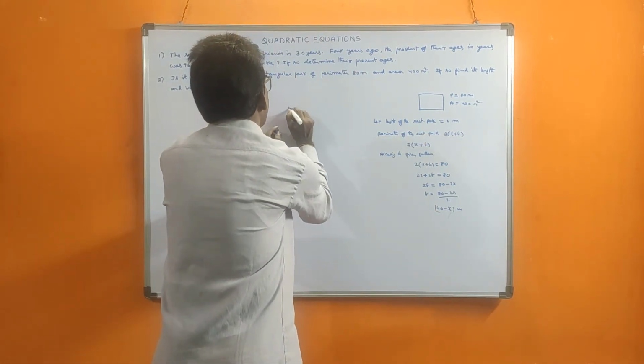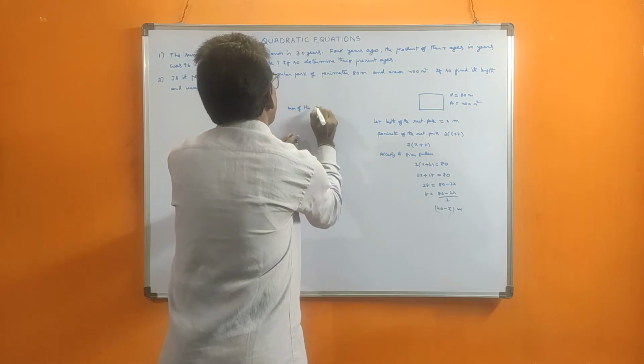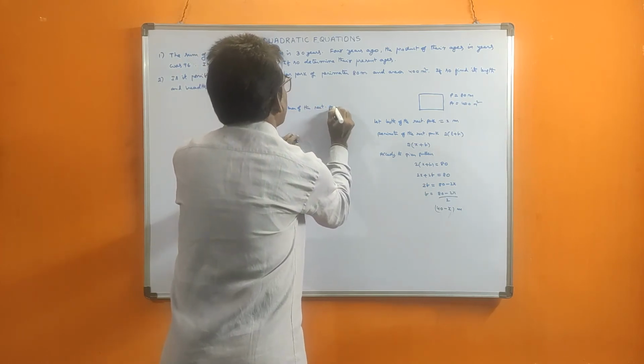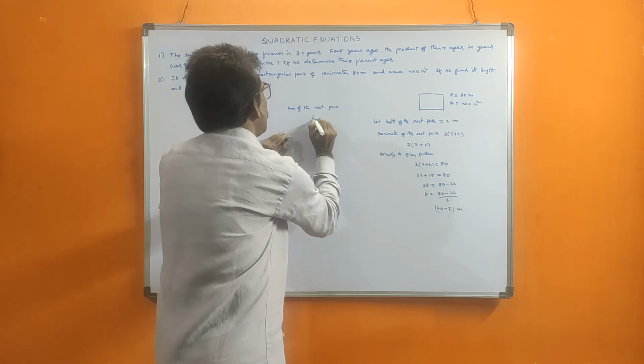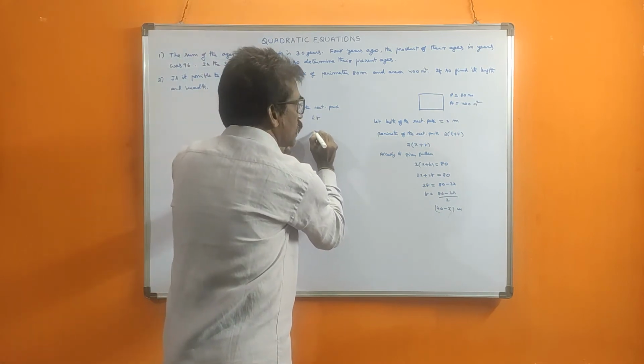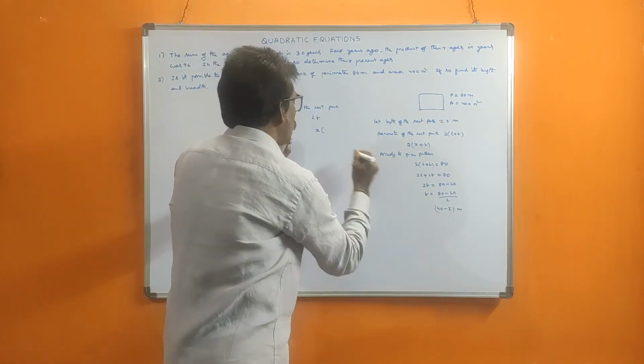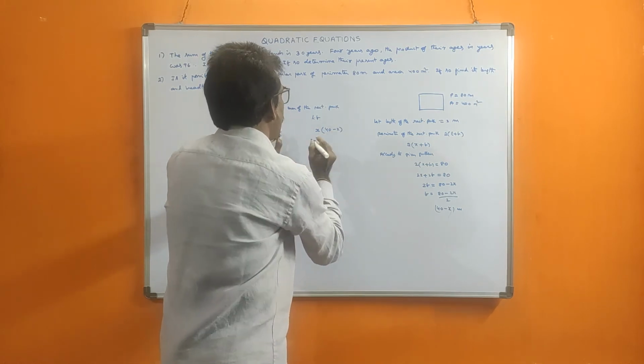Now, area of the rectangular park is L into B, that is length x into breadth 40 minus x.